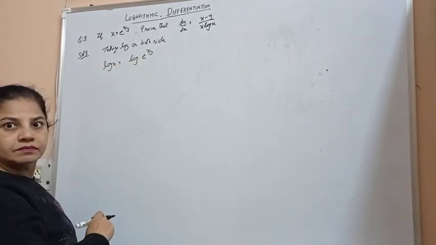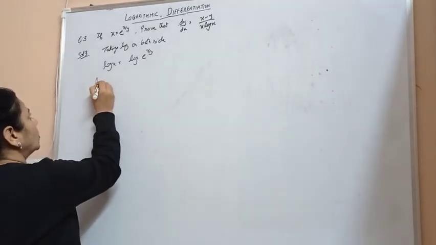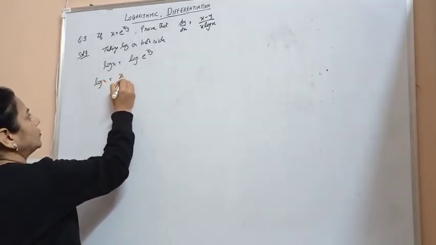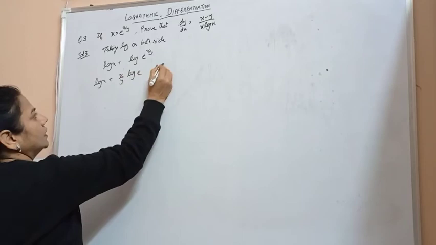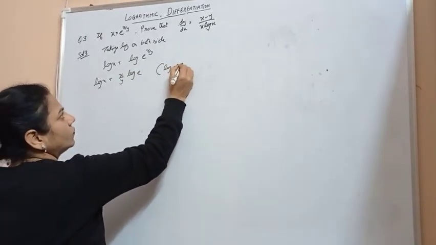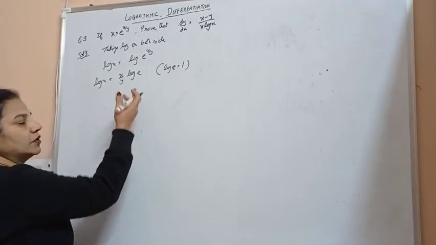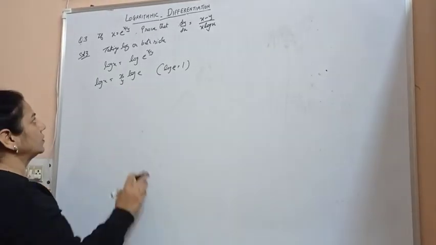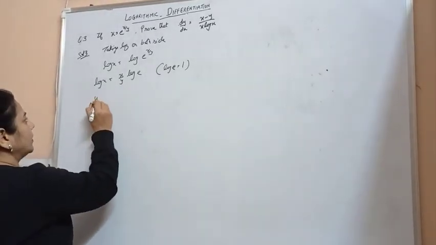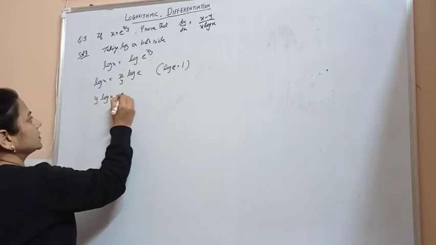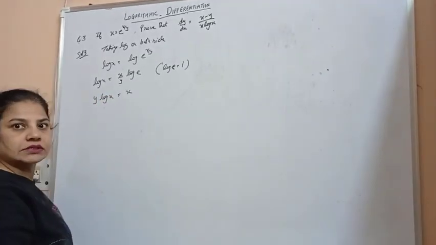So power comes forward. So I get log x is equal to x upon y log e. And we know that the value of log e is 1. So x by y into 1 becomes x by y only. So y multiplied by this, y log x is equal to x, because log e is 1.